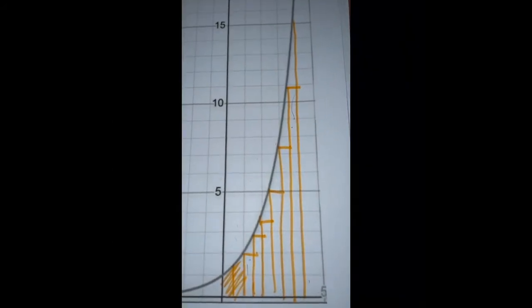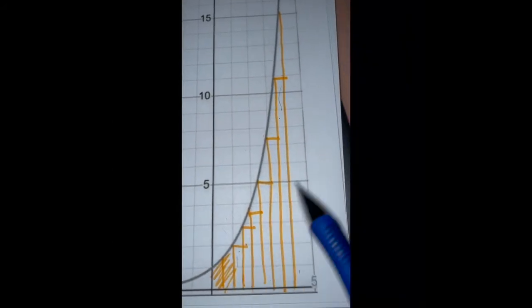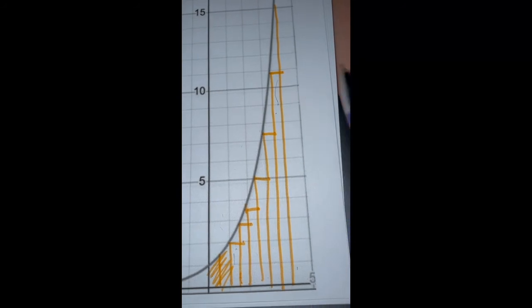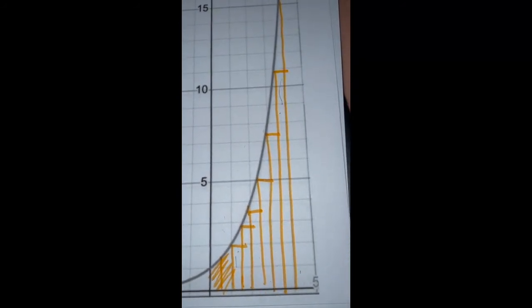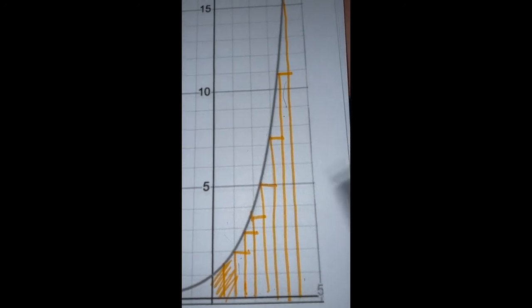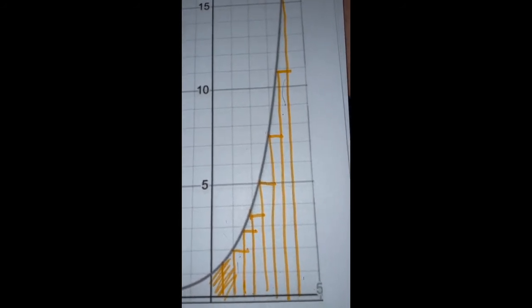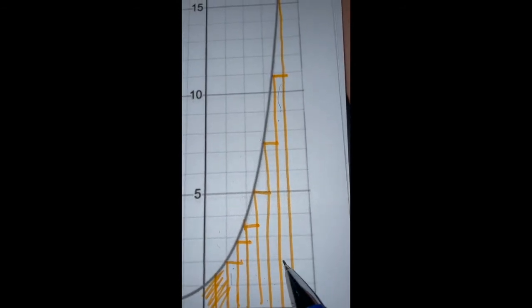So first, looking at the left and lower Riemann sum, since this is concave up, you're going to want to use a calculator to find these values since it is exponential and a bit more difficult to calculate by hand. But you're going to find the values at 1, 1.5, 2, 2.5, 3, and 3.5 for the left and lower Riemann sum.